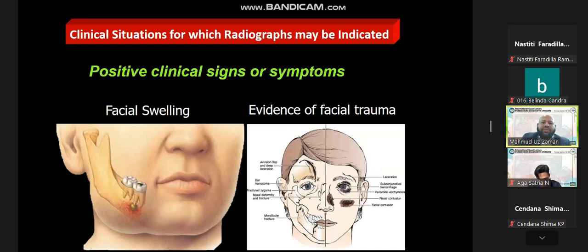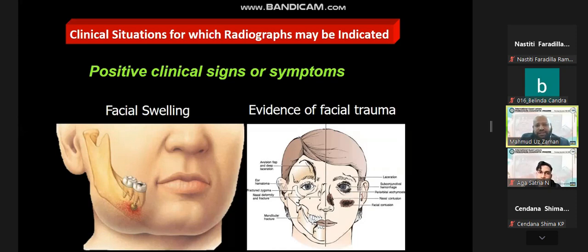Okay. Sometimes there are facial swelling, evidence of facial trauma. Then at the beginning you will go for panoramic radiograph. Panoramic radiograph will give you a preliminary idea. Then, depending upon the size, shape, or extent of the disease, you will go for 3D radiograph, whether MDCT or CBCT, if you want to see the bony involvement of this lesion or facial structure.